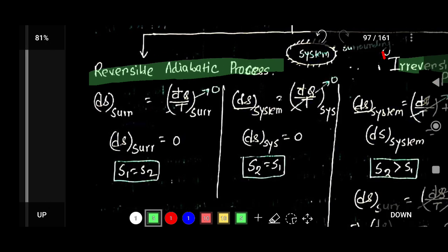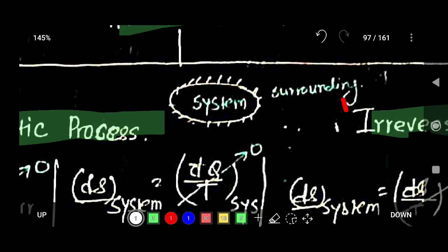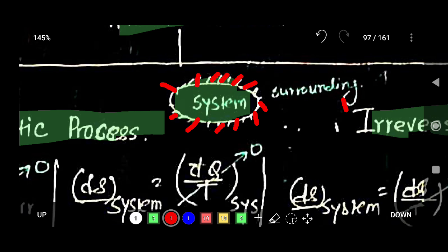For a reversible adiabatic process, suppose this is our system, and it is isolated, there is no heat transfer. Adiabatic process means there is no heat transfer through this boundary, and this is the surrounding.